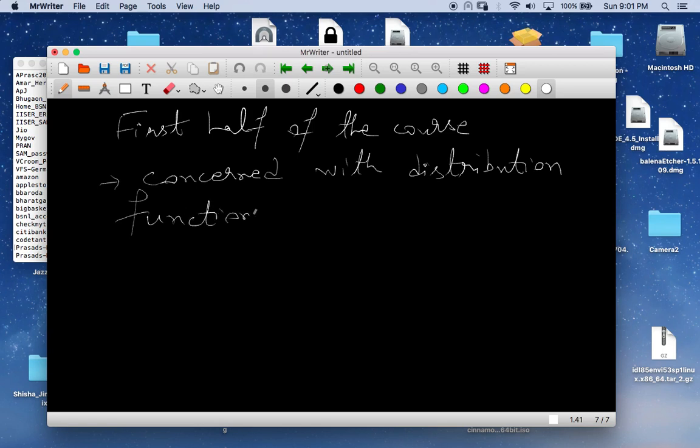With distribution functions of the charged particles, not the charged particles themselves.